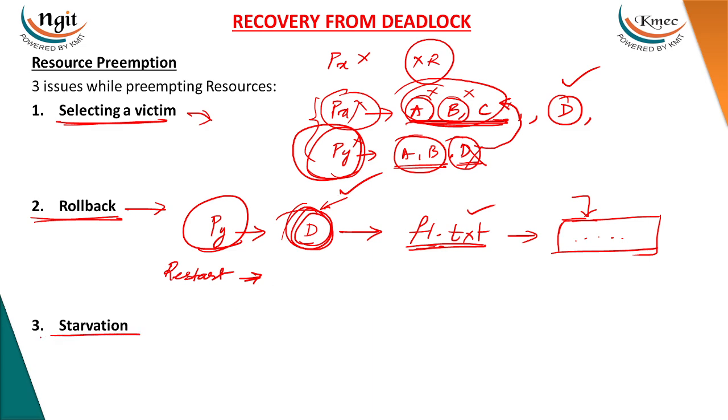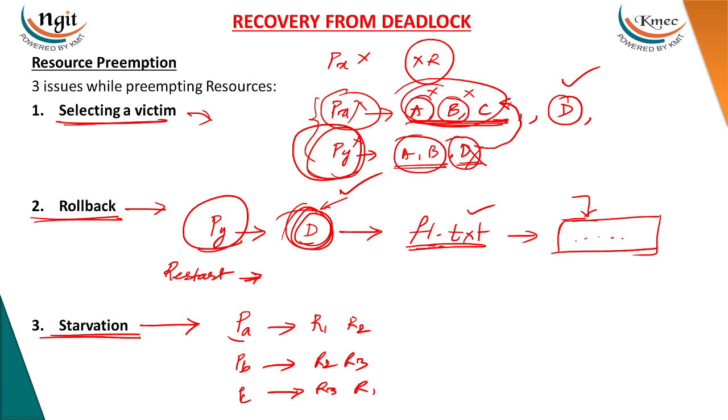There is one more issue called starvation. Suppose there are three processes, pa, pb and pc, causing a deadlock, and there are some resources r1, r2, r3. There is a possibility that one particular process will always be selected as the victim for resource preemption.